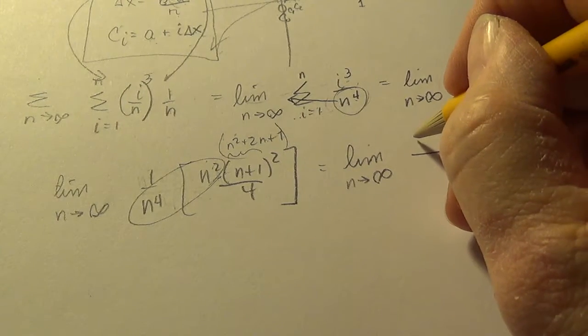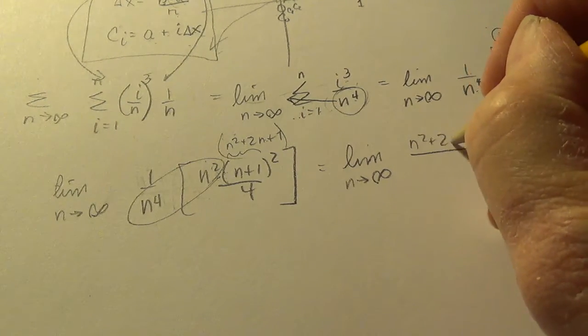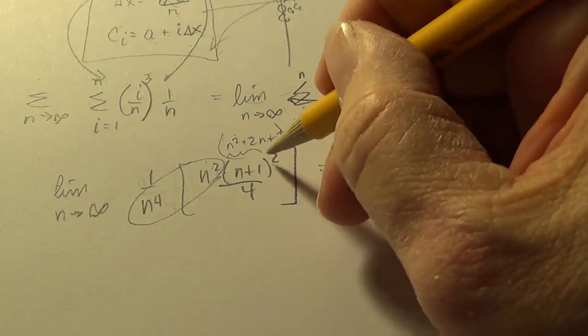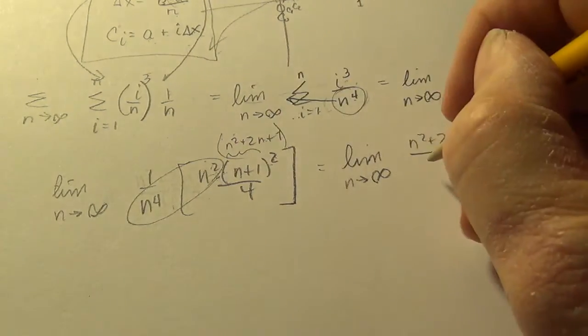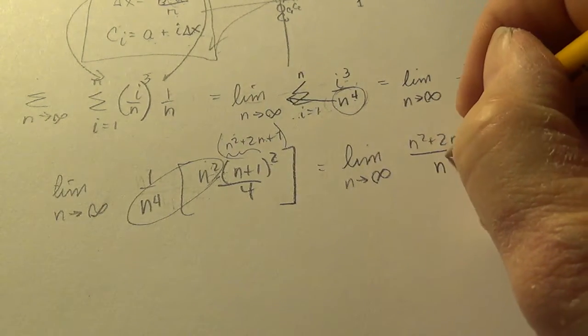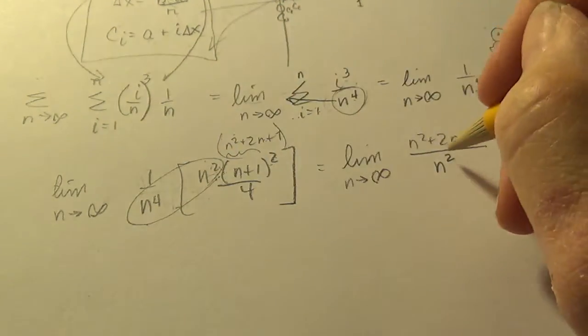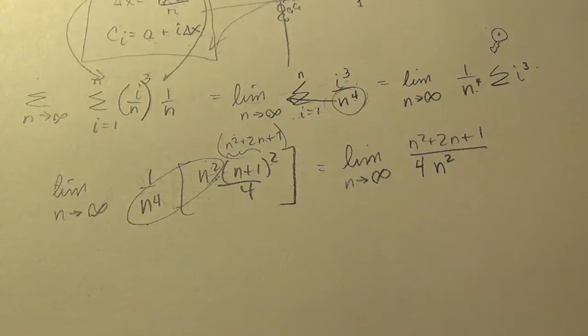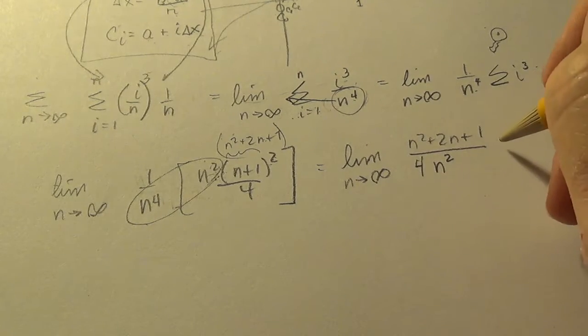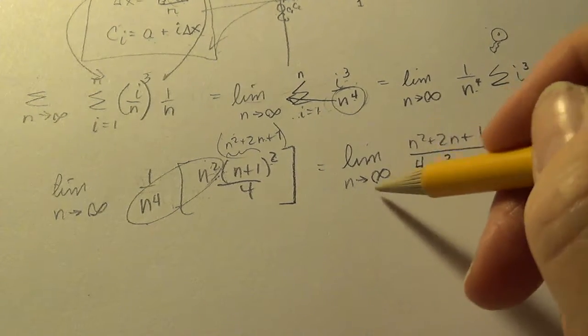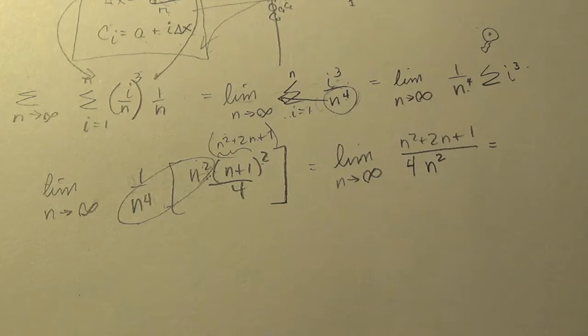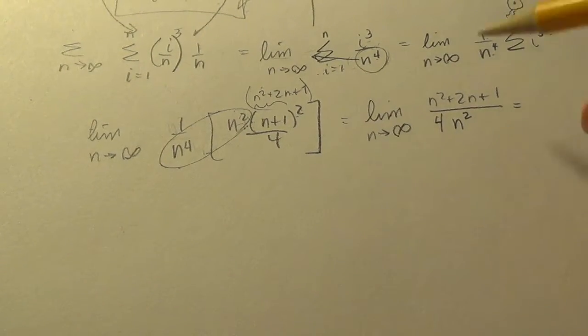So then I have n squared plus 2n plus 1 from squaring this, and then n squared from simplifying this, and then a 4.